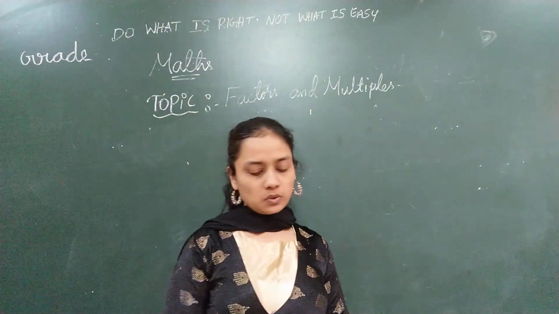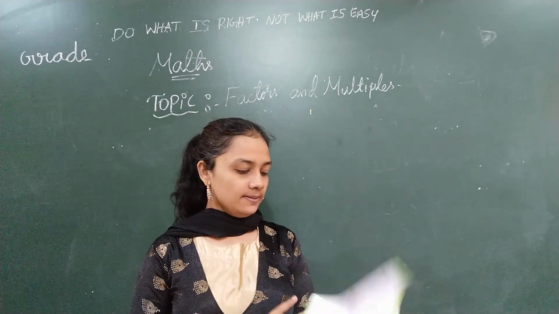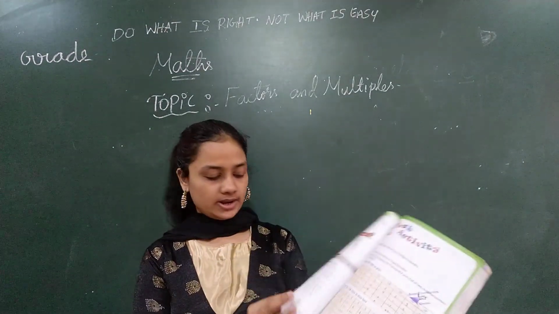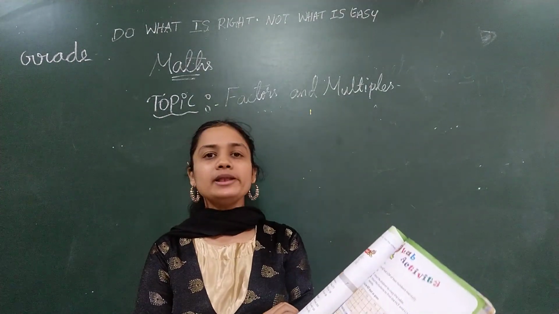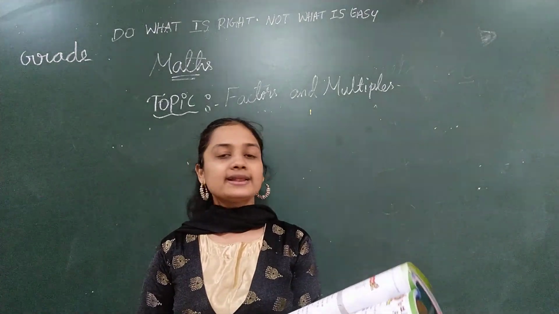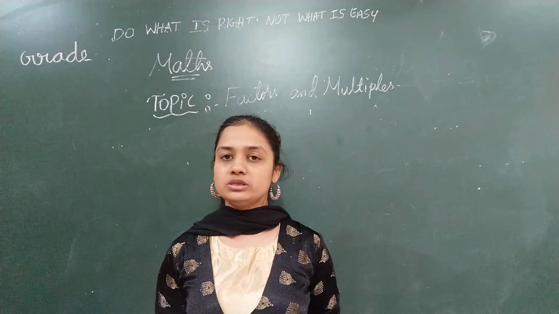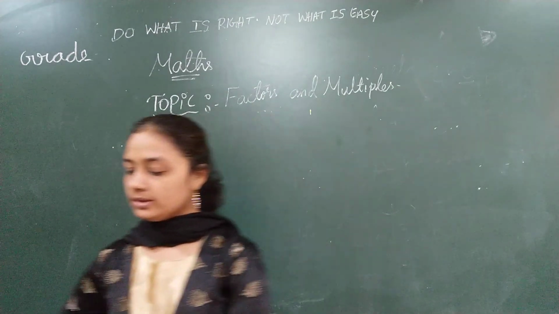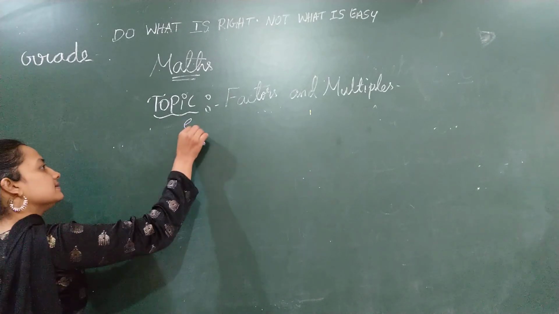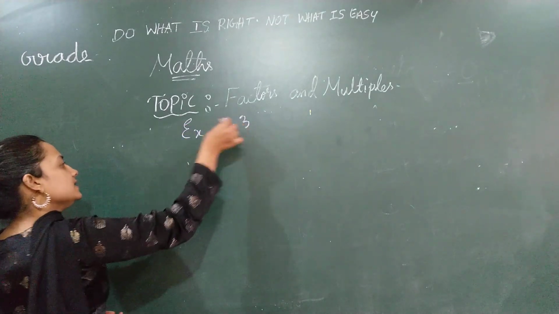So I directly go to the textbook exercise here, page number 122, exercise 3.3. I take a few sums here and explain, and other sums I will be sending you the notes, that is in ULM. So I am going to take the first main exercise 3.3.